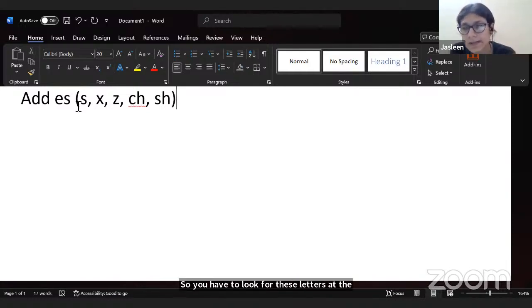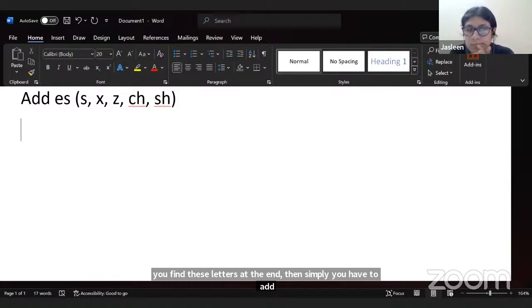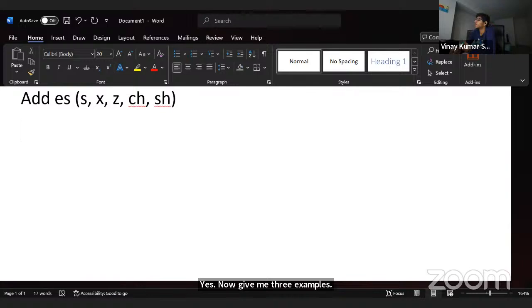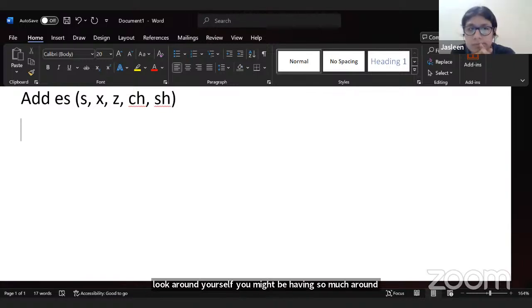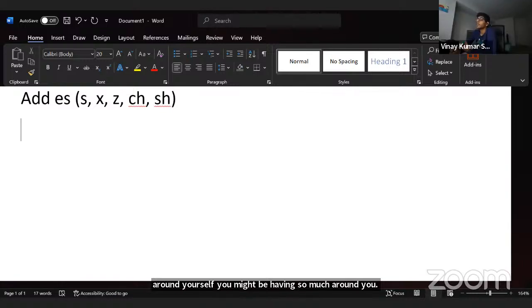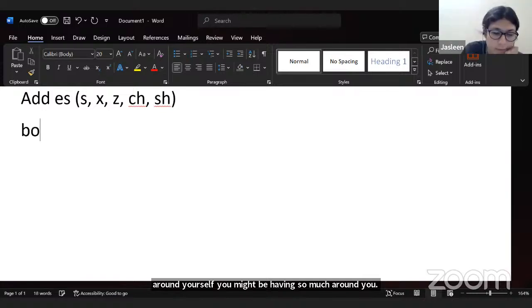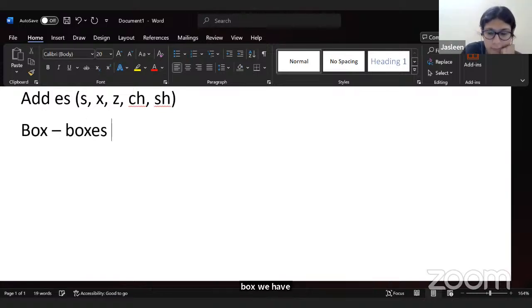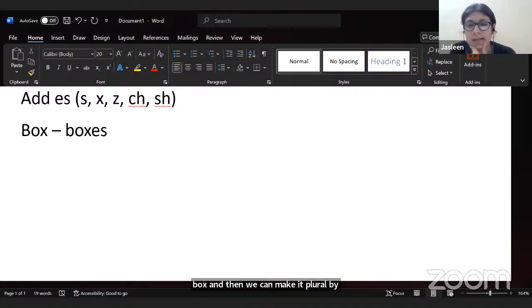If you find these letters at the end, then simply add ES. Now give me 3 examples. Look around yourself. Box. So we have box, and we can make it plural by adding ES: boxes. What else?